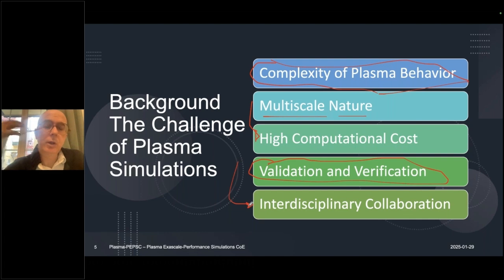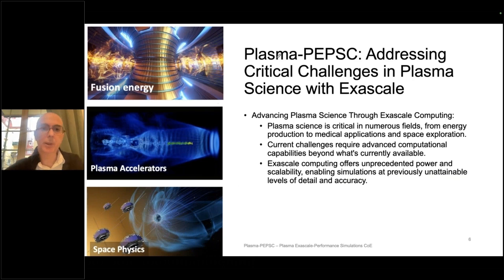It requires advanced knowledge of plasma physics, and also knowledge on how to verify and validate. So this is a huge team that requires a very diverse kind of background. So very happy to have them in the Plasma PEPSC.